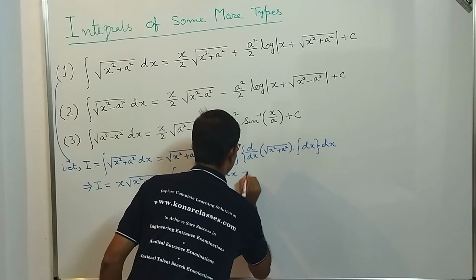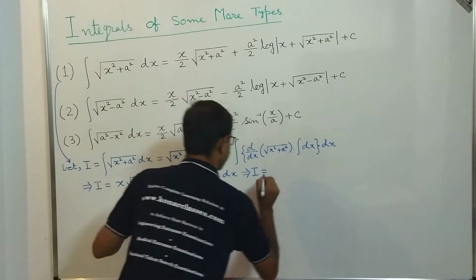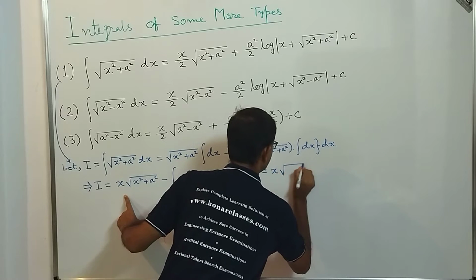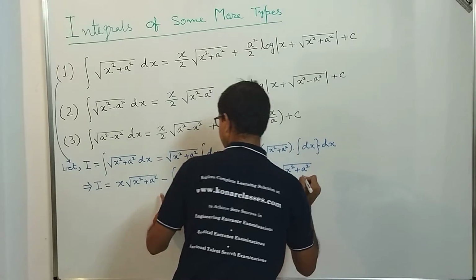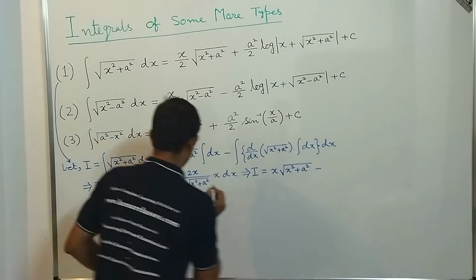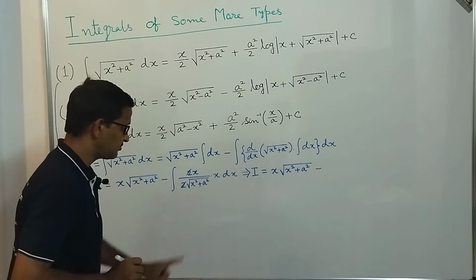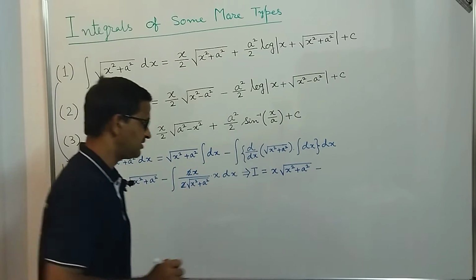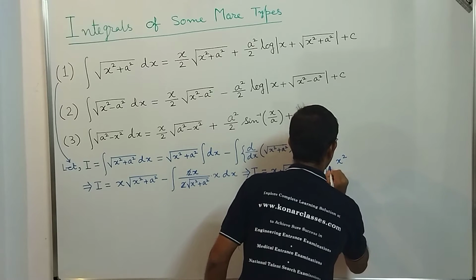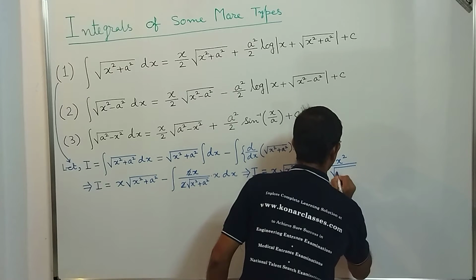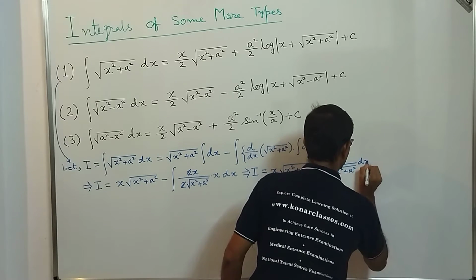So from here, I is equal to x into square root of x square plus a square, minus, the 2 and 2 get cancelled, so x and x become x square, so x square by square root of x square plus a square dx.